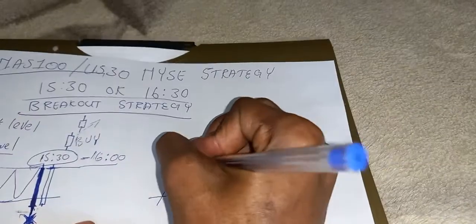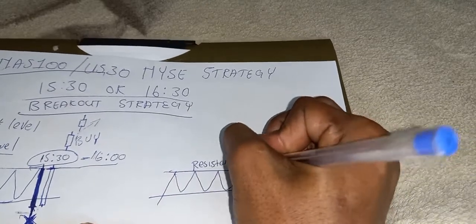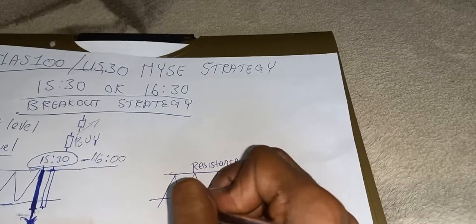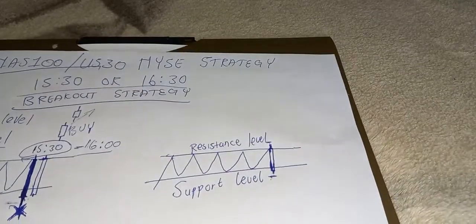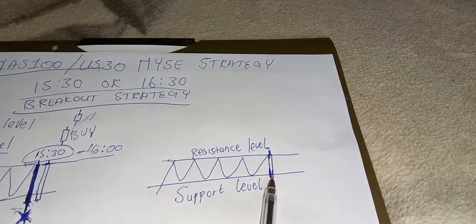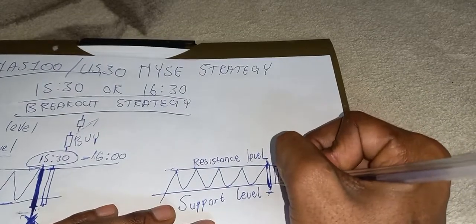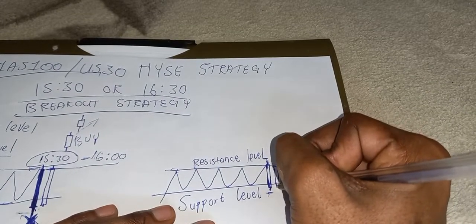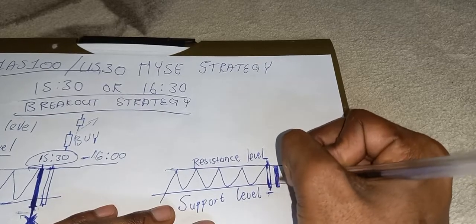Remember, this is your resistance level, and you have your support level right there. Now after the impact of news, you might have another candle, which is a bearish candle.